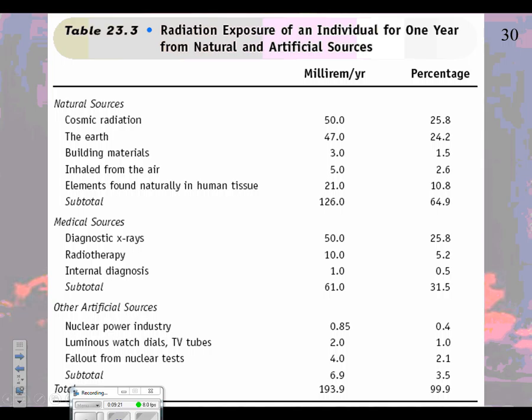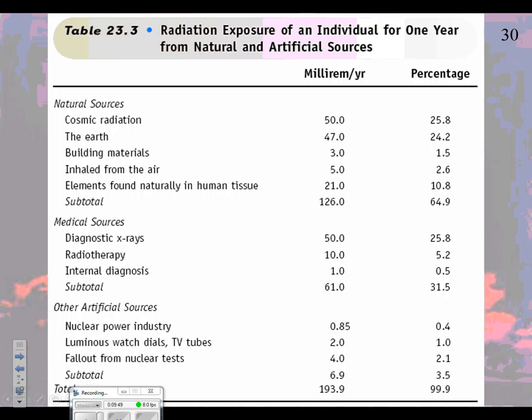So, okay, elements found in nature in our human tissue. We eat salt all the time. There's radioactive iodine in our salt that we eat all the time. So we're going to have some in our tissue anyway. 21. Subtotal, we get millirem about 126, which in rem is what? 0.126. Not very much. So here's some other sources. If we have a diagnostic x-ray, we're going to get 50, which is 0.05.